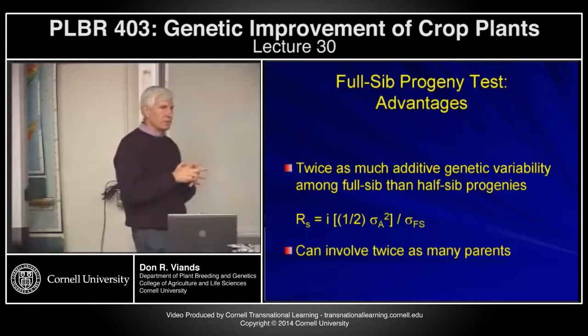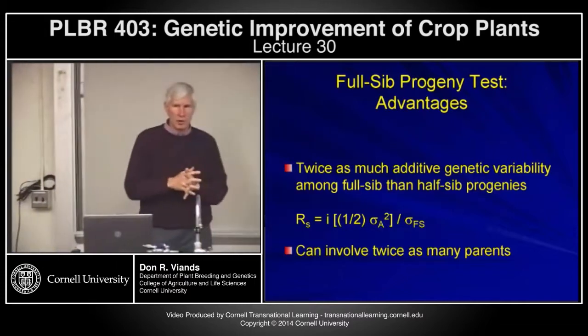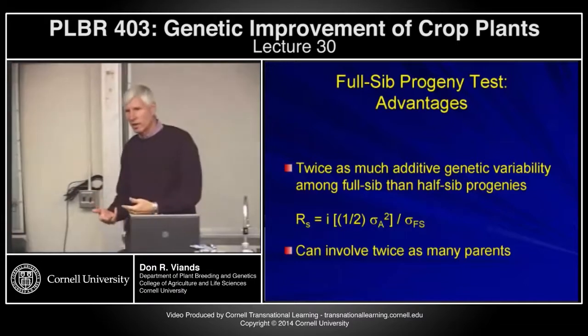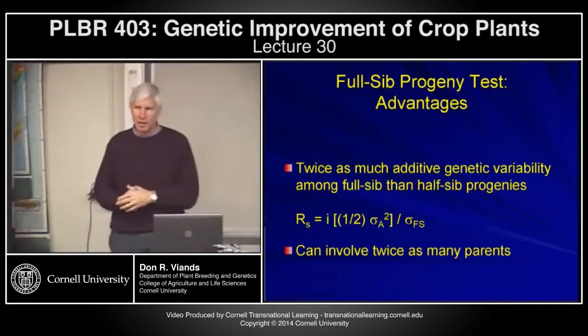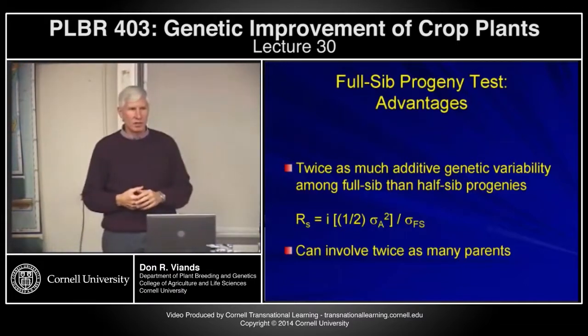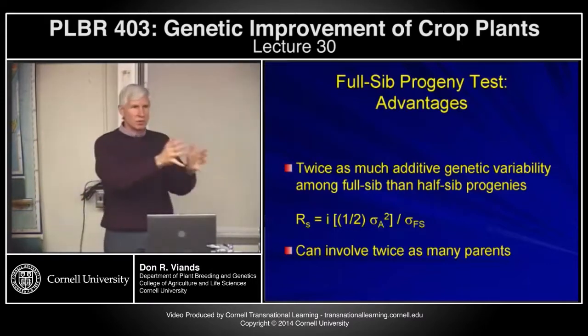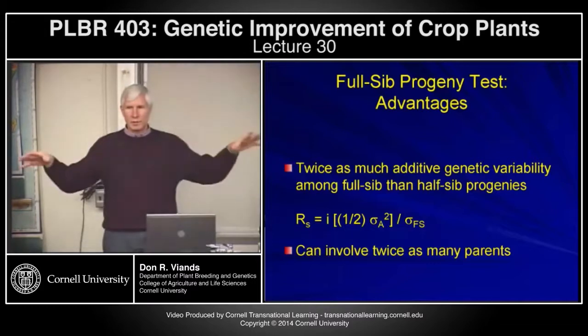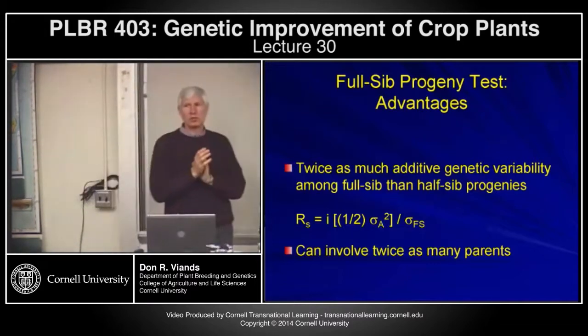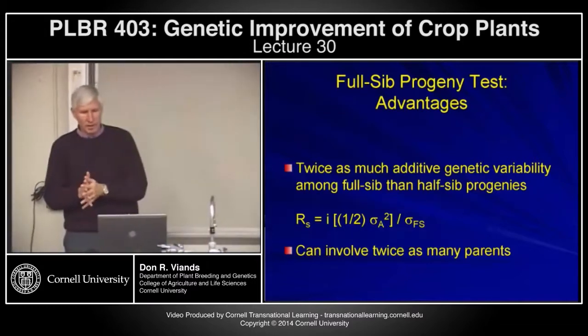So if you have a heritability that's really, really low and half-sib progeny is not working, then you might try full-sib, where you can capitalize on a higher percentage of the additive genetic variation. The more additive genetic variation there is among the progeny rows, the easier it's going to be to distinguish among the progenies. There's just more variability there, and it will be easier to identify the superior ones.